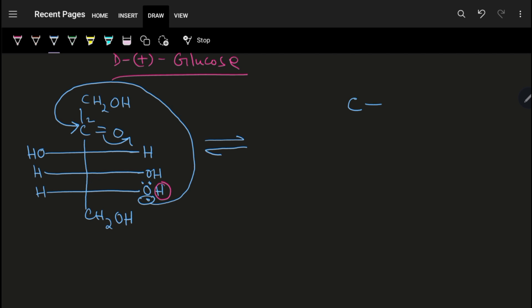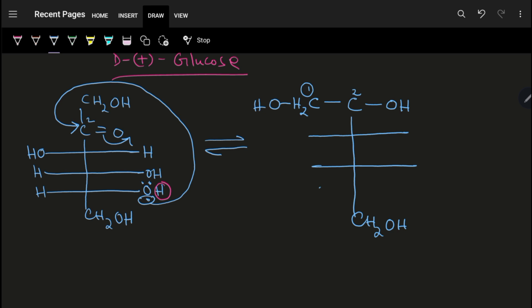In one configuration, it can have OH on the right hand side. This is C2. On the left hand side, it is a CH2OH. This is C1. And the rest of the carbon will be like this, CH2OH. This is 3, 4 and 5. C2 and C5 are held by an oxide linkage like this, and the rest of the structure of C3, C4 remains unaltered.